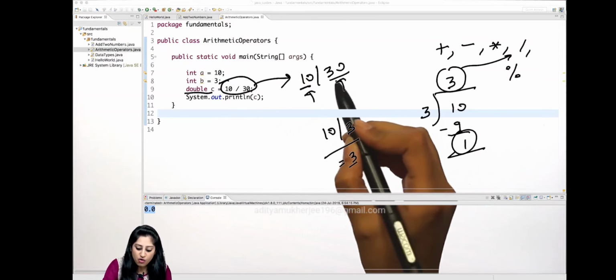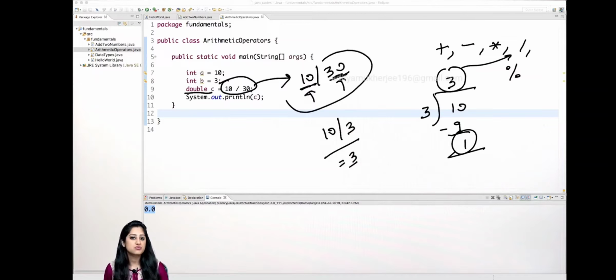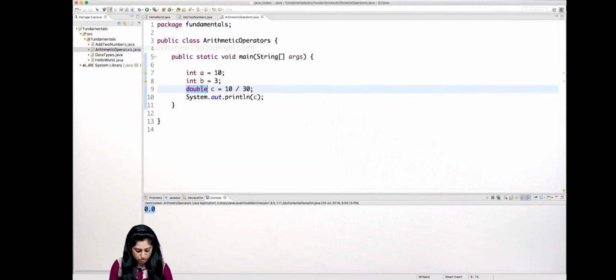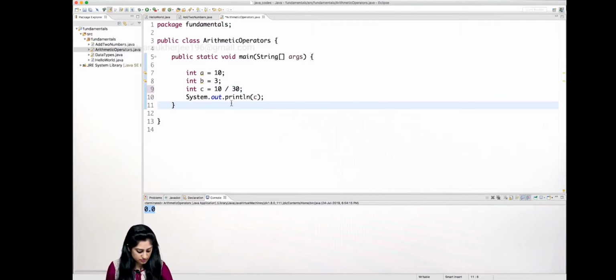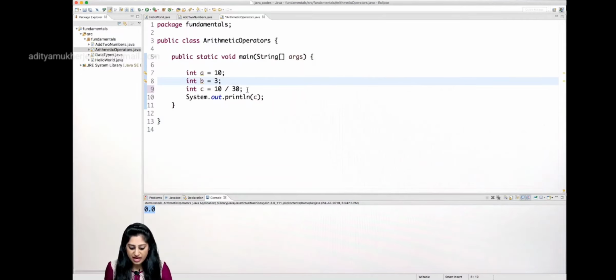So at the time of this calculation, these two operands are integers, so the answer will be an integer, and then it will be stored in a double. So just ensure that this is not going to change the result. Writing double over here is not actually going to change anything for you. The calculation goes according to the way they are, as integers. Okay, so this was what we have currently.